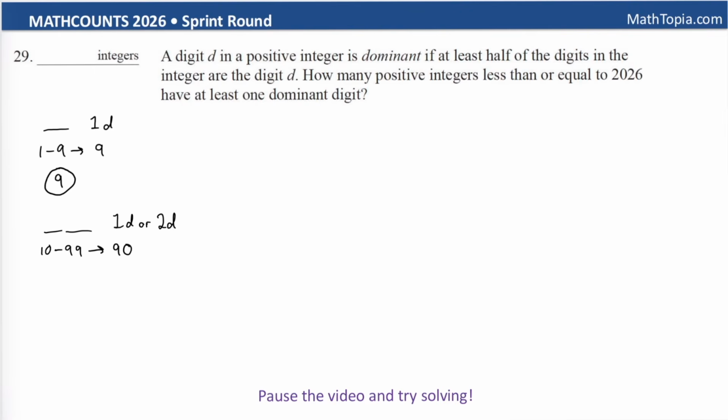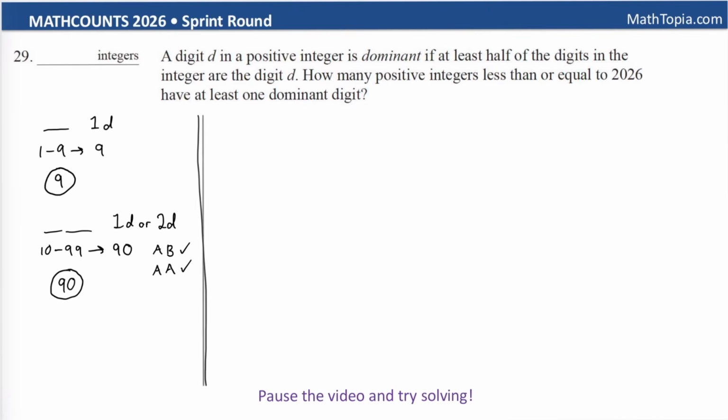So that means that it has 1 digit that is the same, so that number can come in the form of AB, where A and B are different digits, or 2 digits that are the same, that would come in the form of AA. And since all 2-digit integers come in this form, that means that every 2-digit integer is dominant. So that means we have 90 2-digit dominant integers.